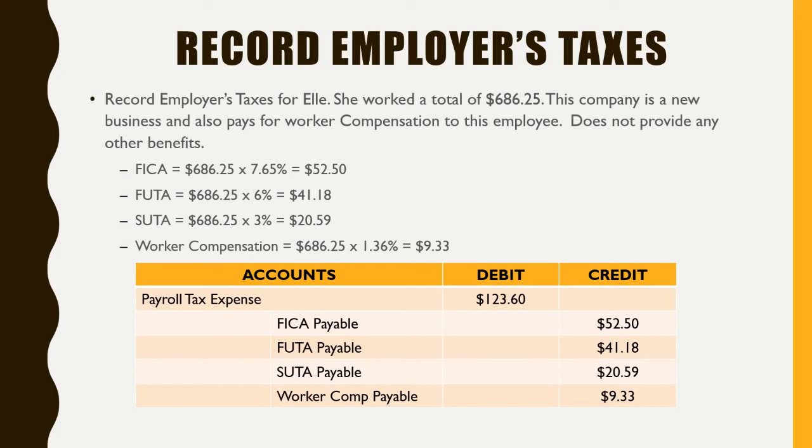And then we're going to do SUTA, which we already stated as 3%, which is $20.59. And of course, workers' compensation, which is also based on gross earnings, because we stated that's going to be 1.36%. We went ahead and calculated that to be $9.33. Okay. So these are payroll tax expenses that the company is responsible for having L as an employee.